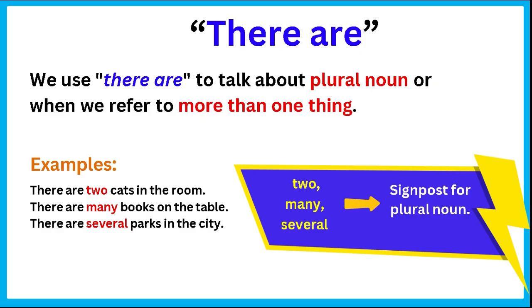So the expressions, if you follow the previous examples, or here I write them again: there are 2 cats, there are many books, there are several parks. So 2, many, and several are the expressions or words that can be a signpost for a plural noun.